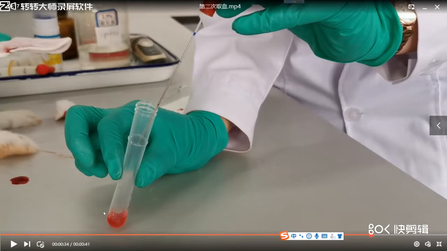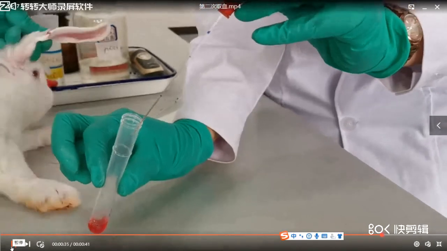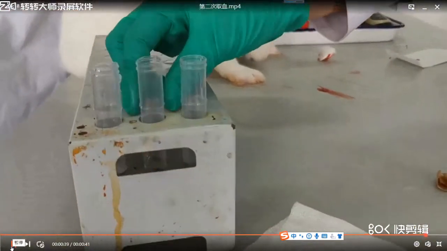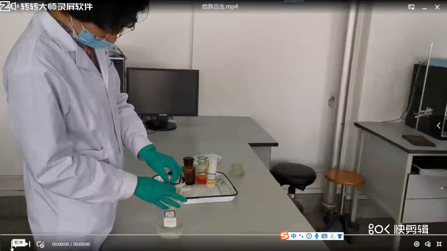Later we will use this blood to test the level of acetylcholinesterase. Okay, so we have 2 tubes.